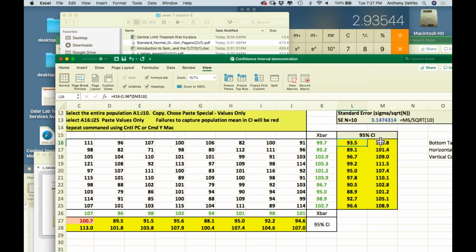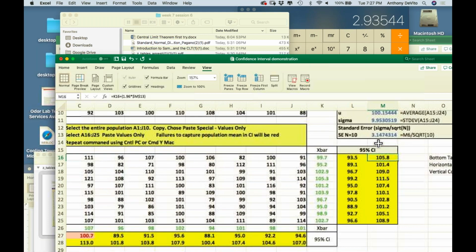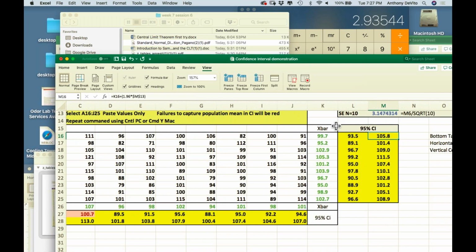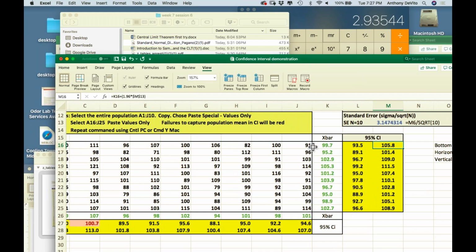Here's the lower end of it, here's the higher end of it. The population mean was 100.15. And in this row, I found that the mean for my sample was 99.7 with a confidence interval of 93.5 to 105.8. The true population mean is between those two numbers. So that one worked out for me.